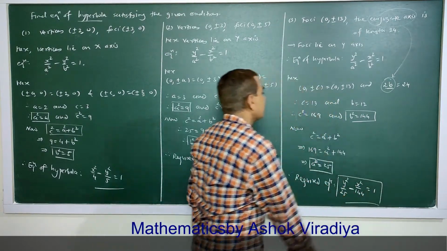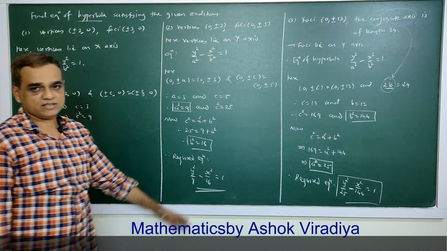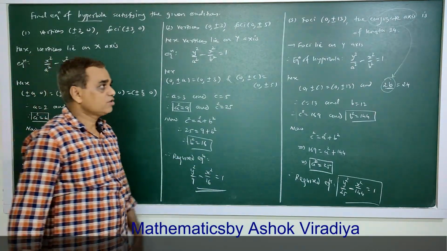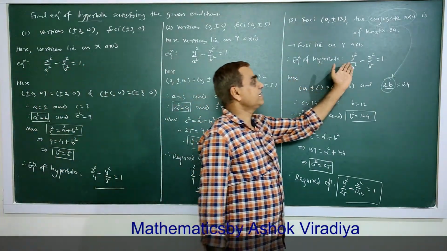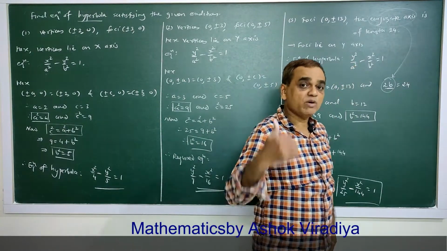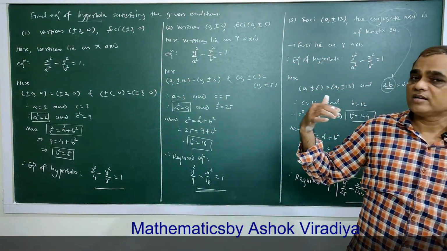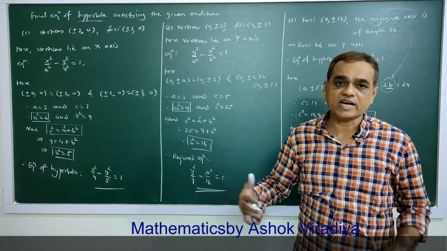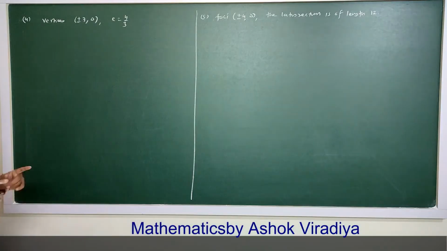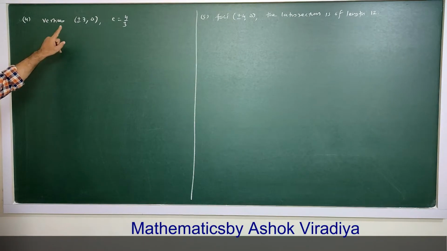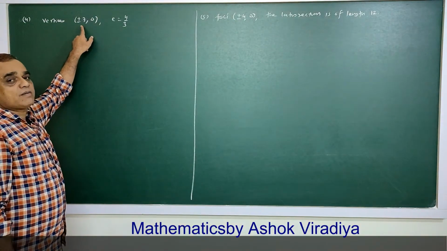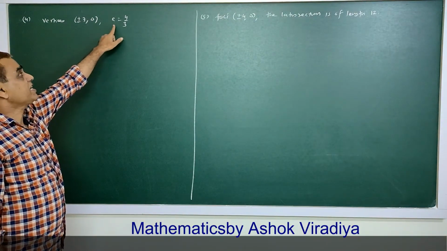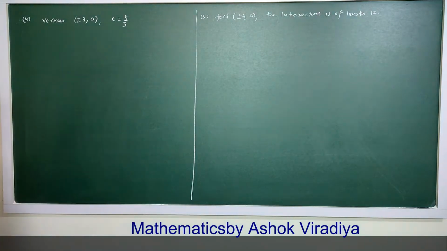So this is the required equation of the hyperbola. So determine the equation from the given values, whether vertices or foci lie on the x-axis or y-axis. Now we want the equation of the hyperbola whose vertices are plus minus 7, 0 and eccentricity is 4 by 3.